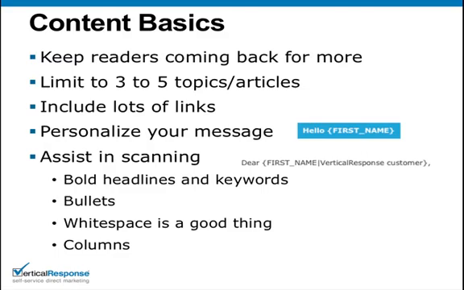So if you're saying you're going to receive special email offers if you sign up for our email mailing list, you want to be sure that you're sending out some emails with special offers and fulfilling on that promise. Another thing to keep in mind is to limit your topics or articles in your email to about 3 to 5.